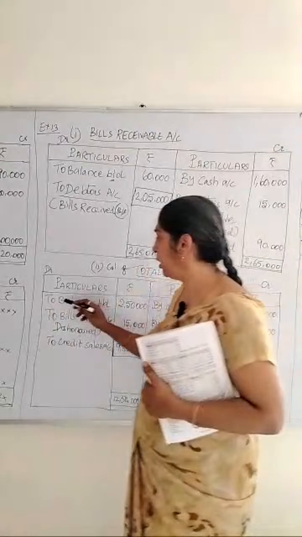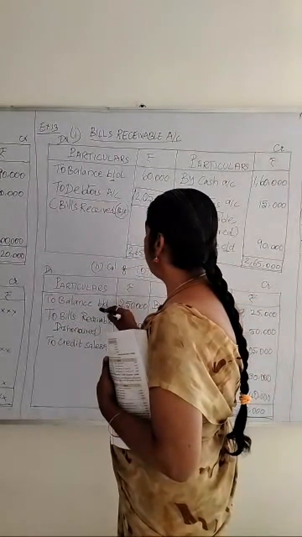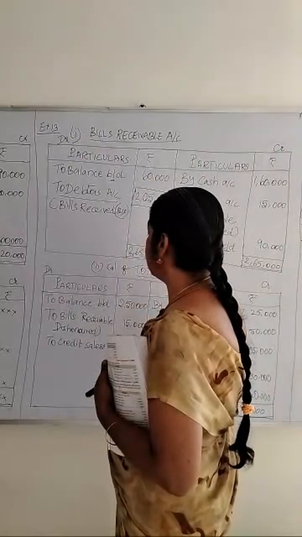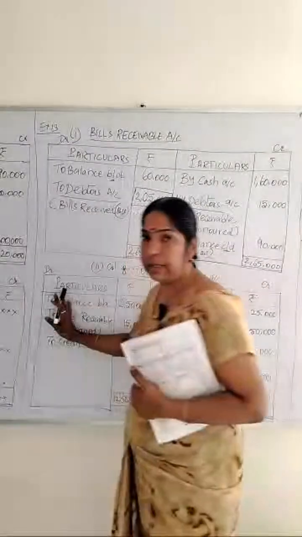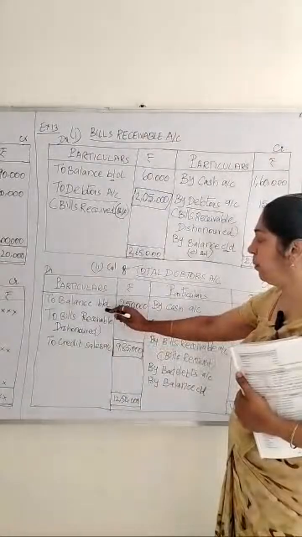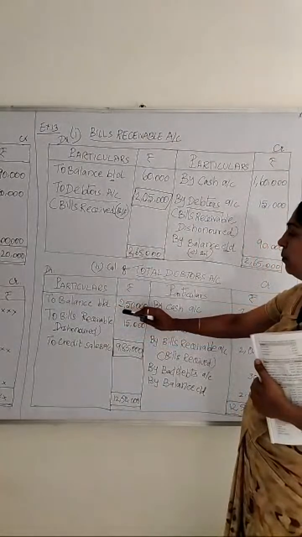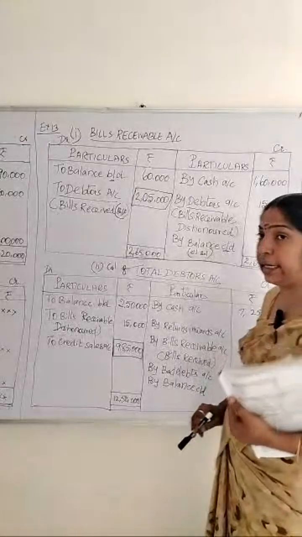So on the debit side you start with "To balance brought down." Brought down denotes the opening balance. On the debit side it always starts with the word "To," and on the credit side "By." The opening balance of 2,50,000 rupees is entered.